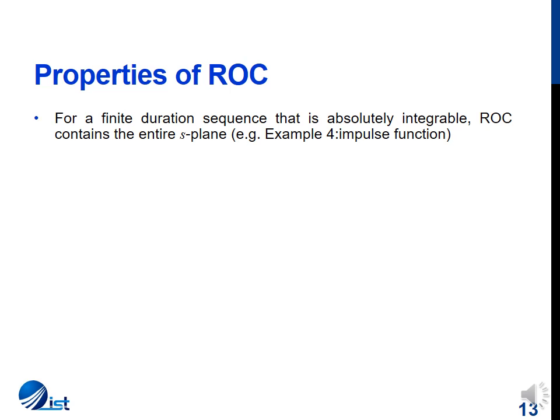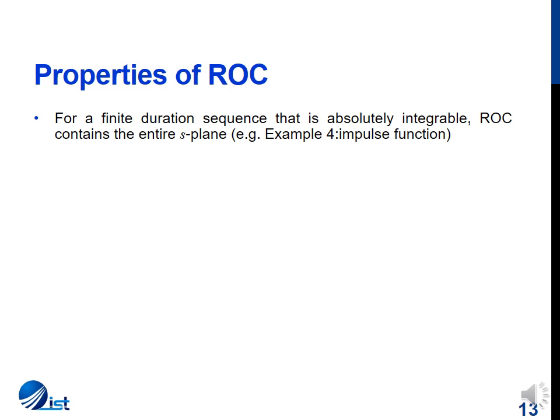So far we have seen the Laplace transform, and through different examples we saw that the Laplace transform for a function is completely defined by an expression along with the ROC. There are certain properties of this ROC which can be listed henceforth. For a finite duration sequence that is absolutely integrable, the ROC contains the entire S-plane.